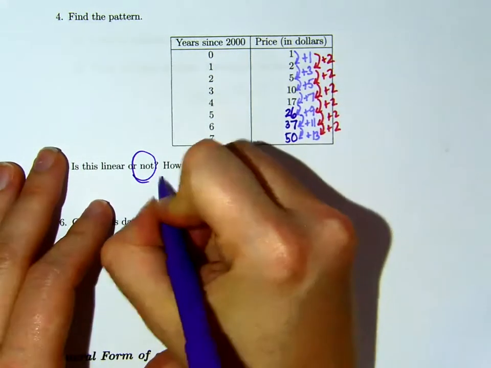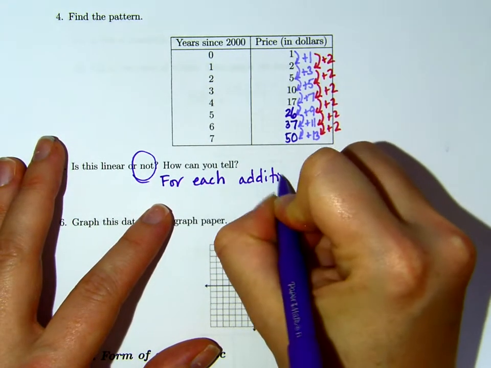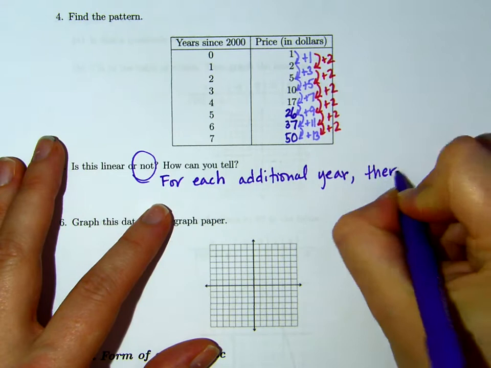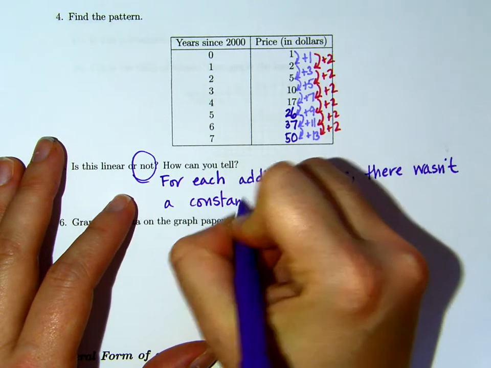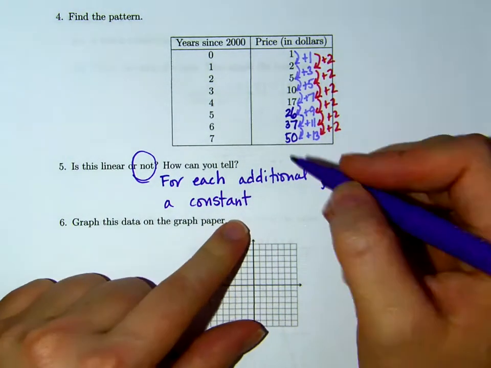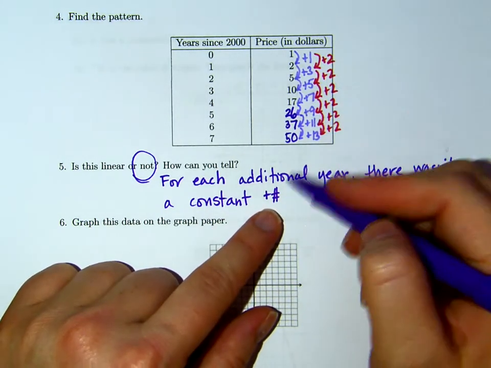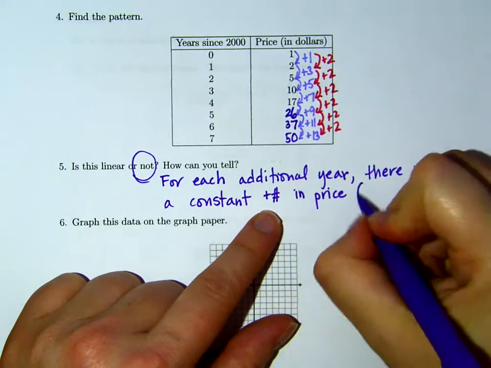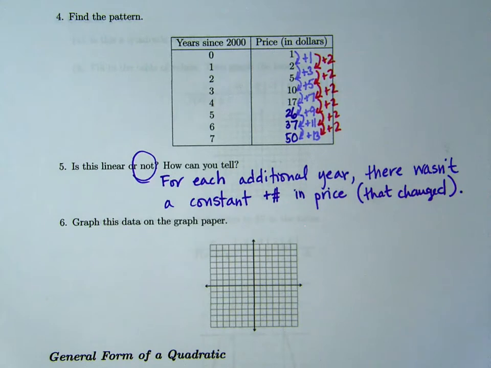So for each additional year, there wasn't a constant plus number, right? Plus 2 or plus 1 or plus 3, constant plus whatever in price. That changed. Okay, so it's not linear. Let's graph these points.